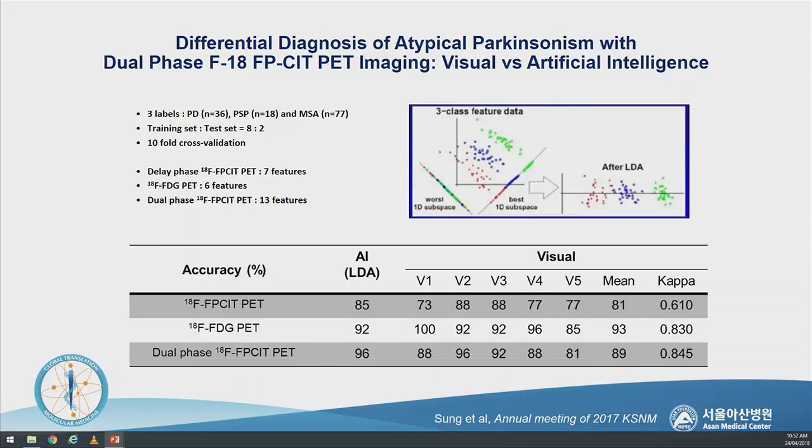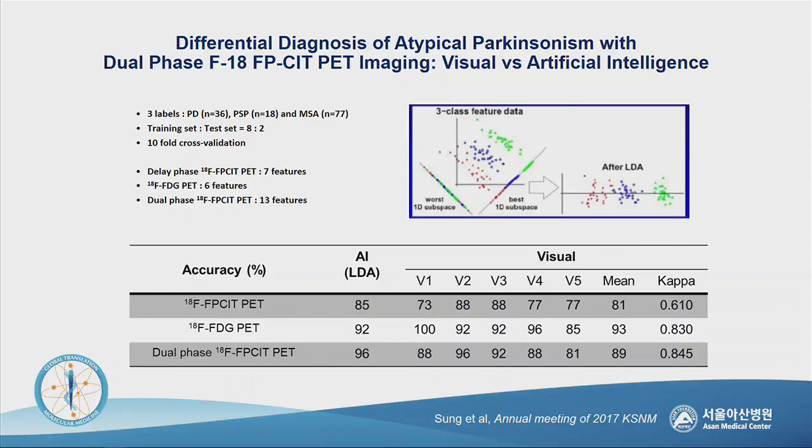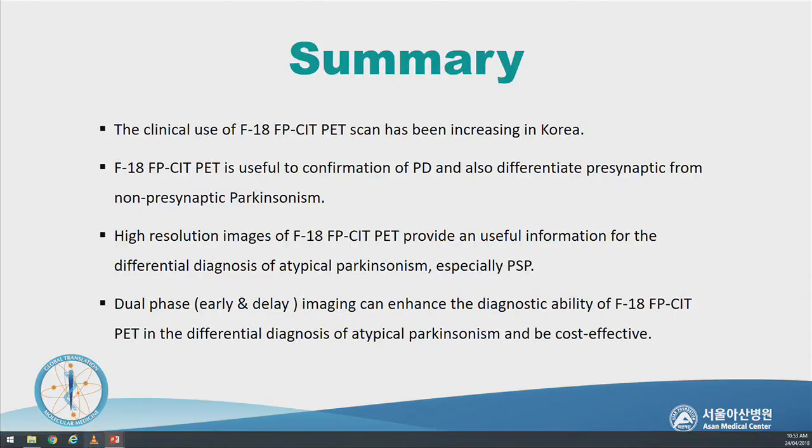Although it needs further validation by a large-scale prospective study, I think that dual-phase FPCIT PET imaging is very useful and cost-effective for the differential diagnosis of atypical Parkinsonism. In summary, the clinical use of FPCIT PET scans has been increasing in Korea. FPCIT PET is useful for confirmation of Parkinson's disease and also to differentiate presynaptic from postsynaptic Parkinsonism.